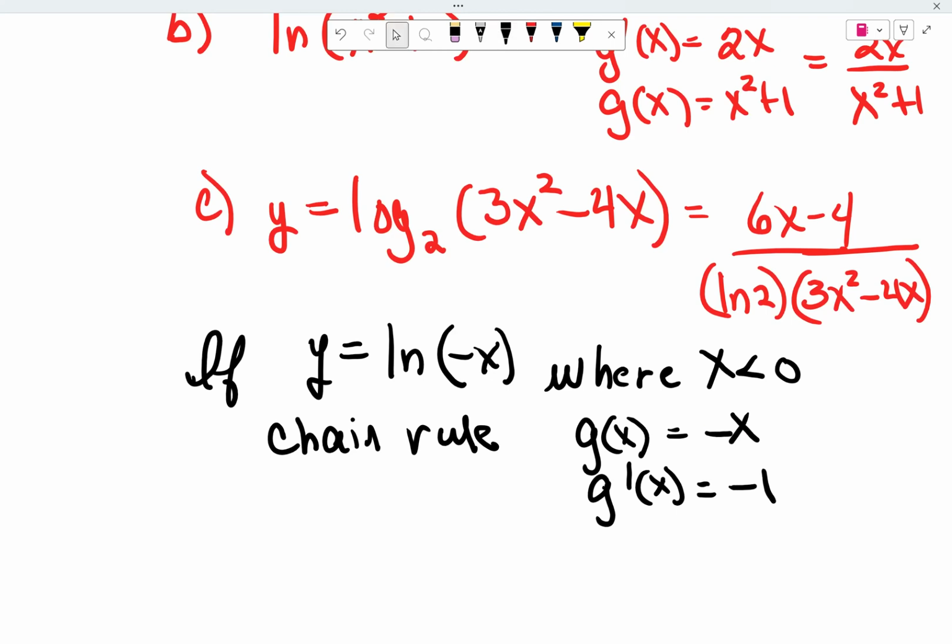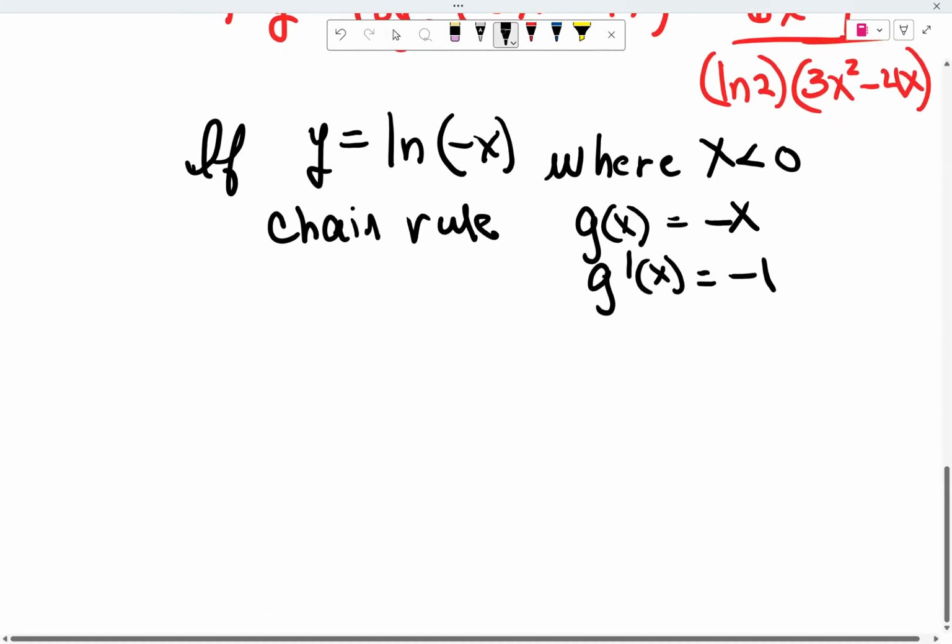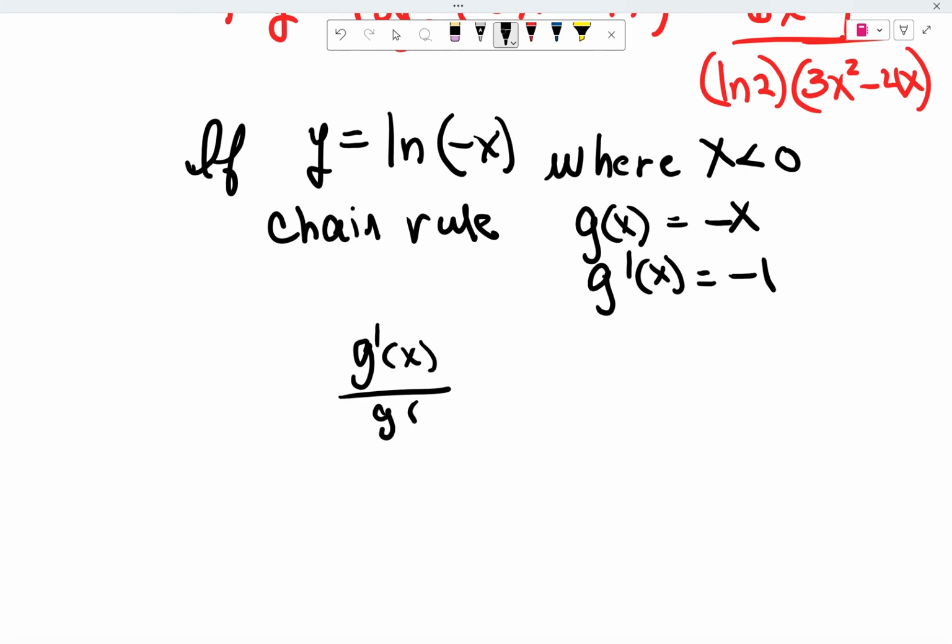So basically we have our derivative function over g of x. And this is equivalent to negative 1 over negative x, which is simply 1 over x. Okay, and you need to know this kind of situation.